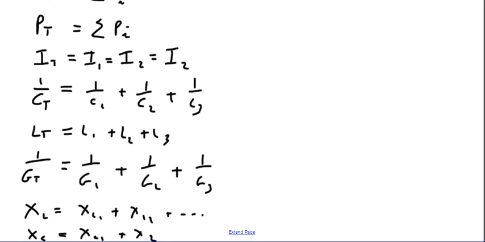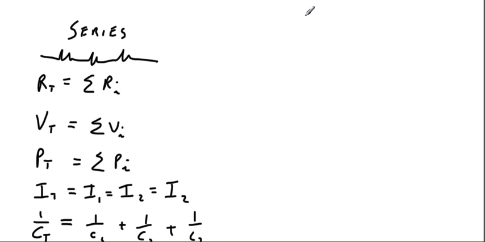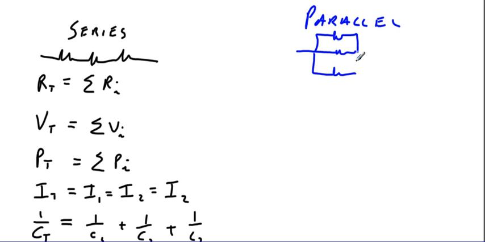All right, now if, on the other hand, I'm in parallel, then I'm going to do it with resistors. In parallel, my total resistance is going to follow a 1 over rule: 1 over plus 1 over plus 1 over.